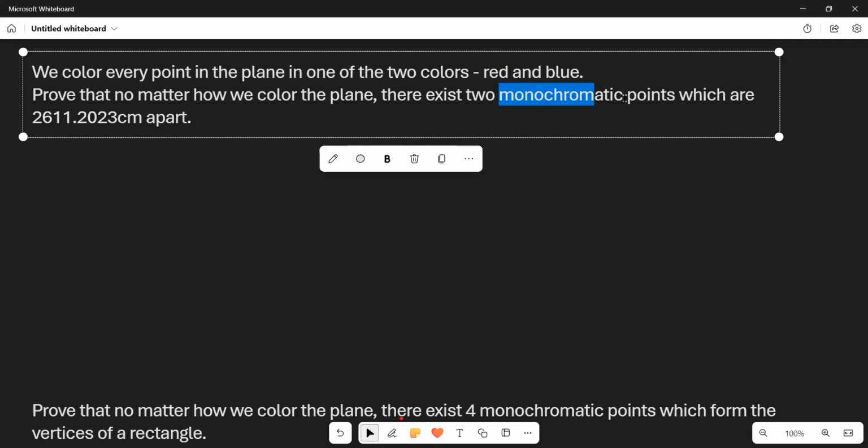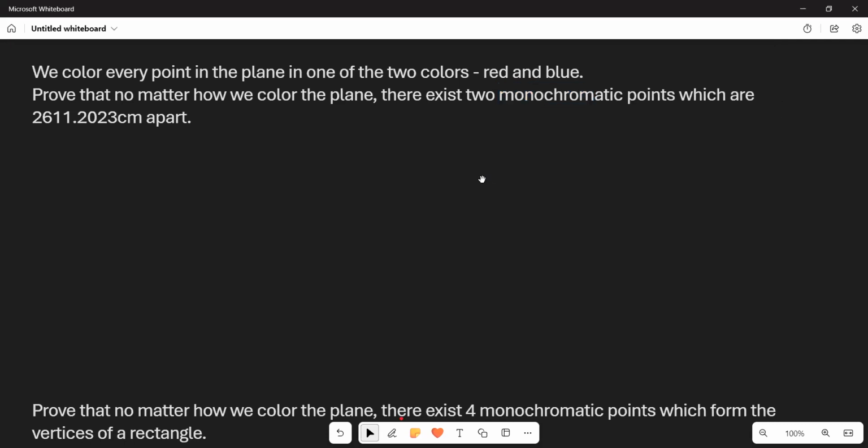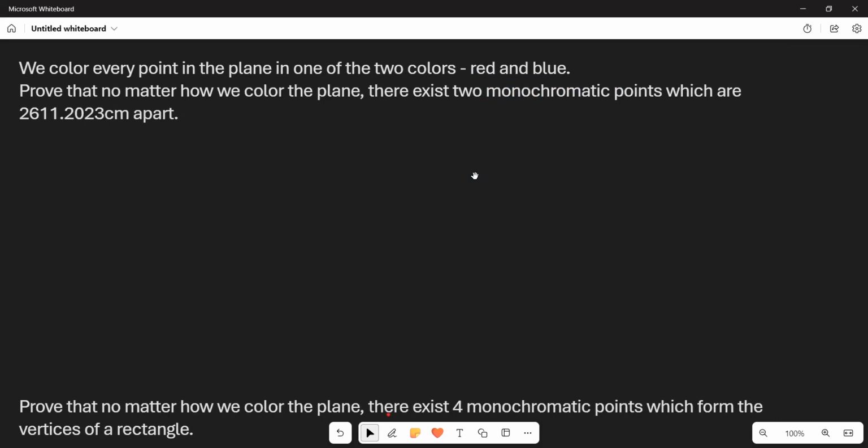Ma'am, is it like we color the whole paper with only one color or with parts of red and blue?